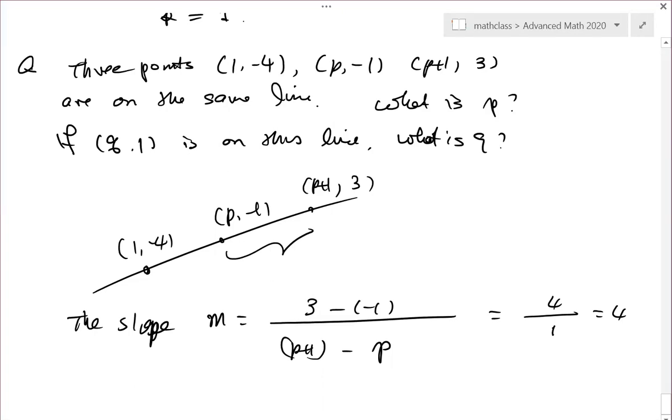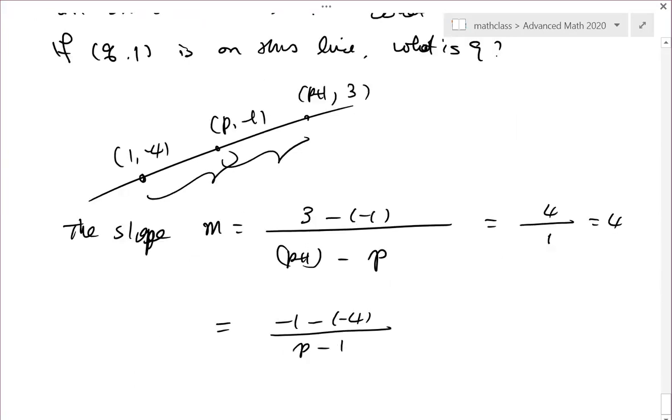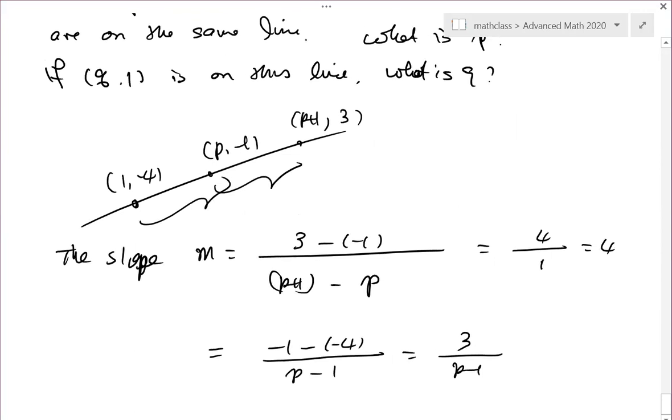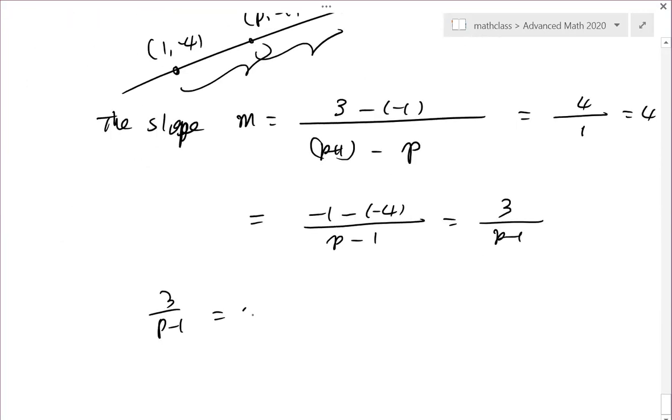Once you know the slope, you can use this pair of points to find p. This should also equal -1 minus -4 over p minus 1, right? So it's going to be 3 over p minus 1, and that equals 4.